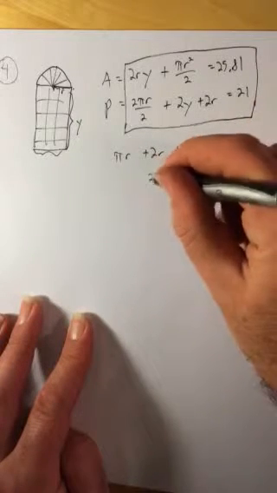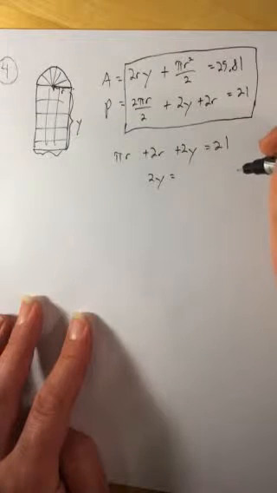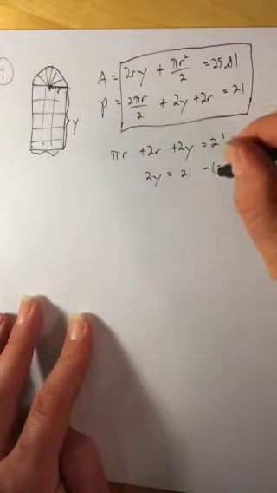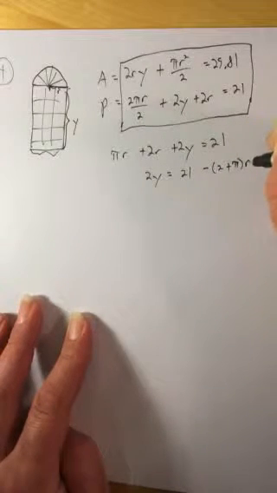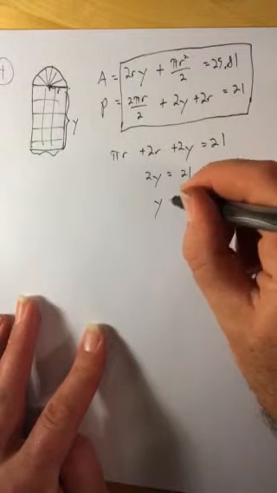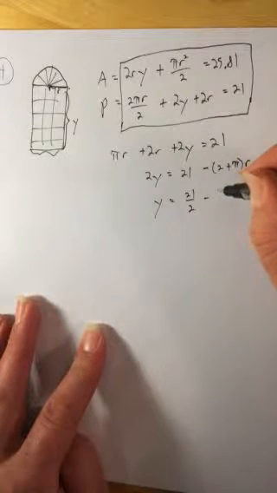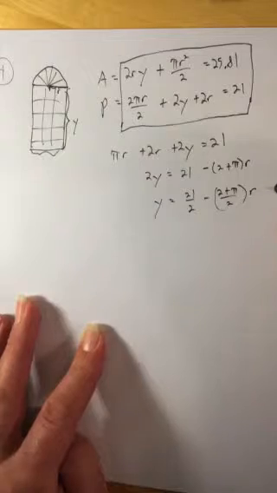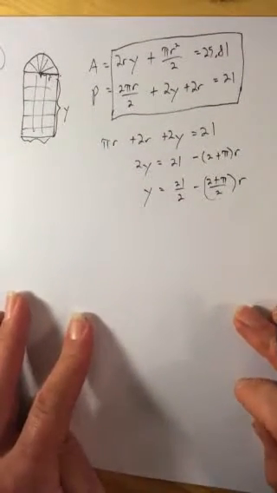So that means 2 times y is going to be what? 21 minus 2 plus pi times r. Alright, so if I divide by 2, I've got y equals 21 over 2 minus 2 plus pi over 2 times r. Now, same thing we did with the other problem.